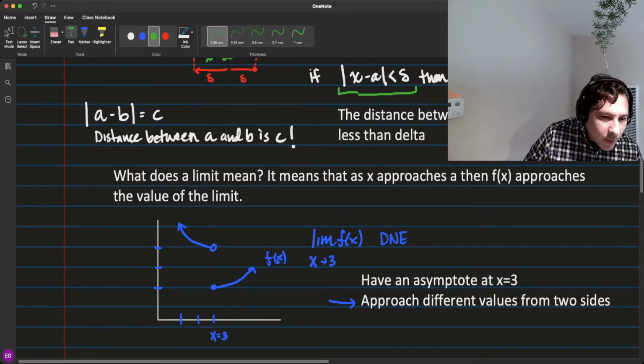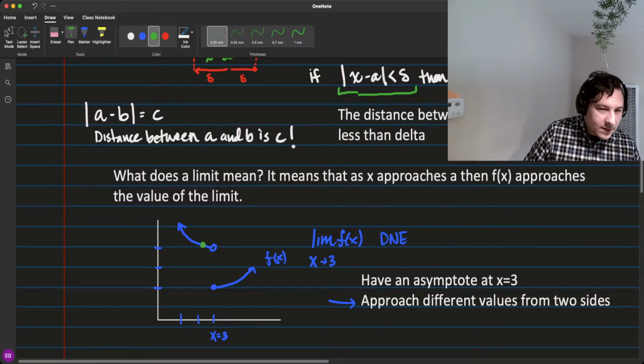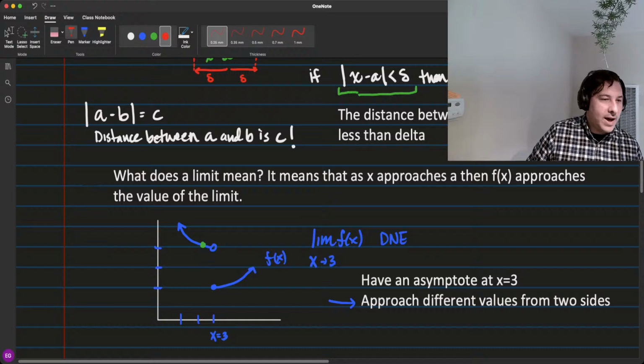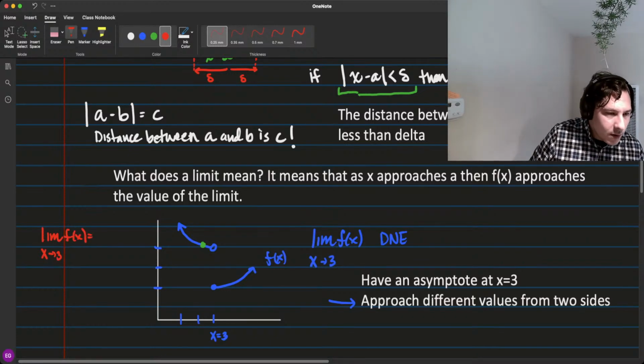So I'm going to choose a point right there. Okay, let's look at this point. Let's say that you thought that the limit as x approaches 3 of this function was equal to 1.